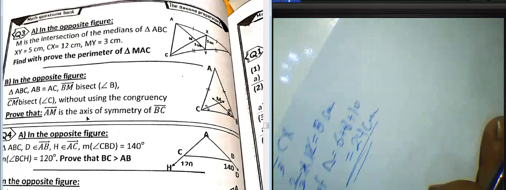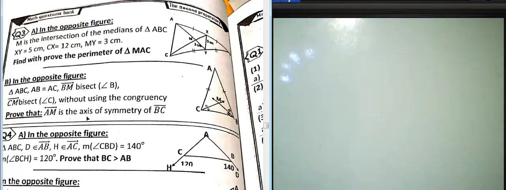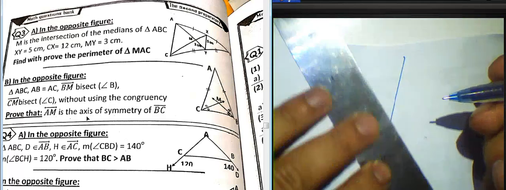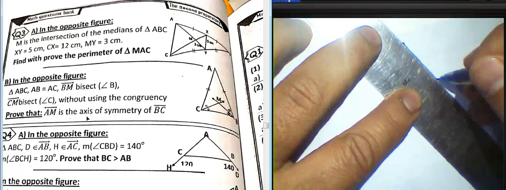Letter B. Look with me at letter B. In the opposite figure, BM bisects angle. I will draw it again to understand.